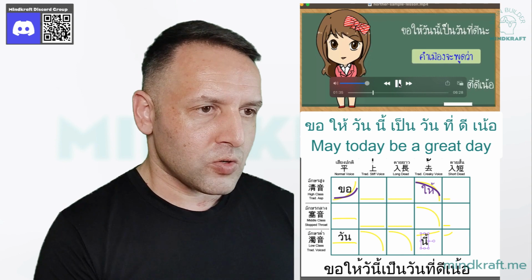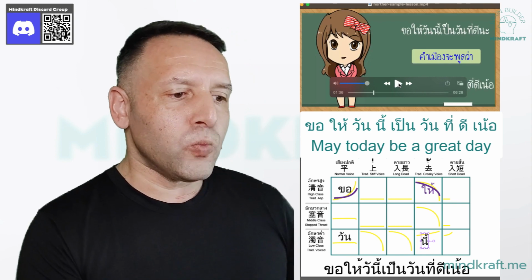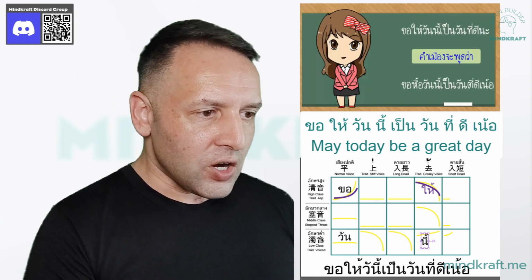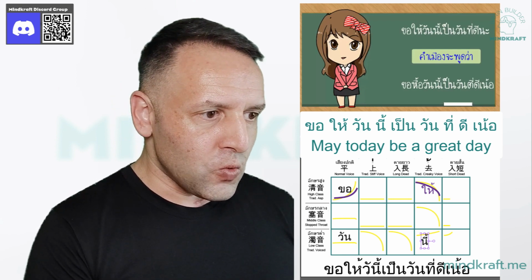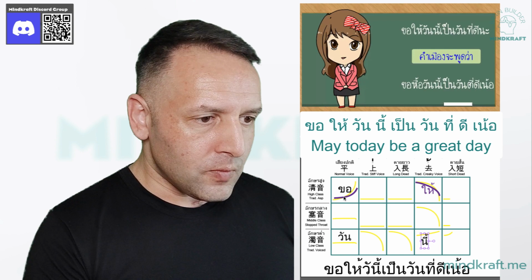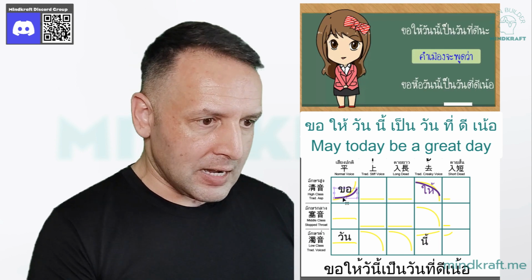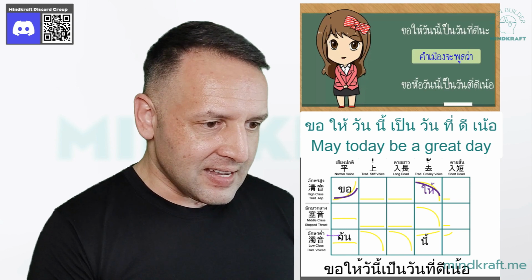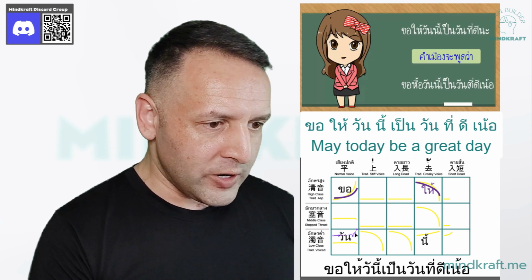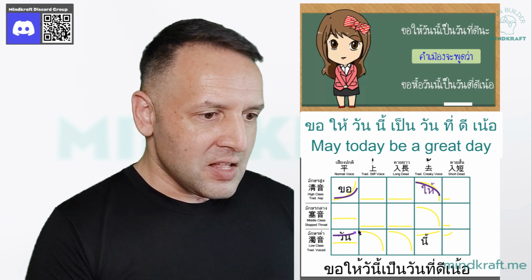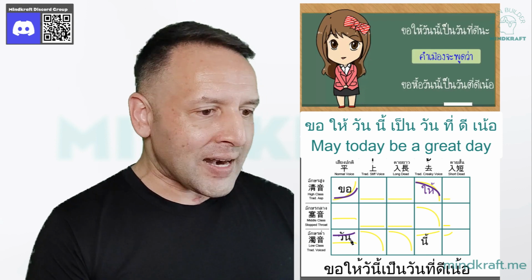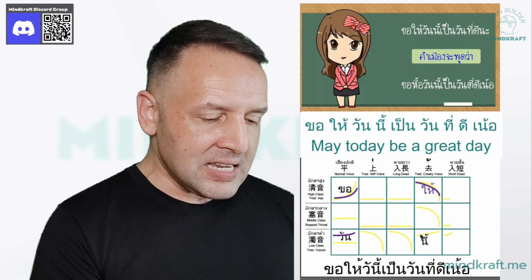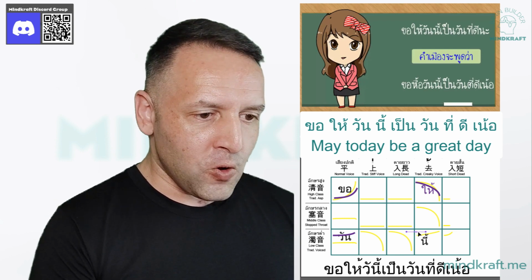So if I'm going to do วันนี้, let me just get my pen on here. So wan kind of starts there and goes up, we can tweak these later on. But I think this one, instead of wan, turns into wan ni, which starts high and falls down.